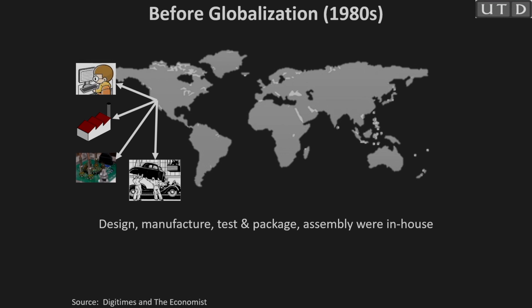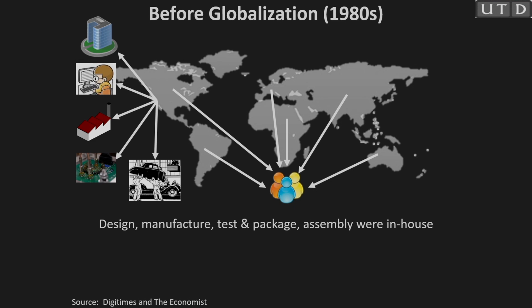They had the test engineers and the assembly and packaging engineers, and they integrated everything and developed the complete system in house and shipped it to the customers. So, there was no risk of their intellectual property being leaked to somebody else. Everything was inside a single company, and there was no risk.